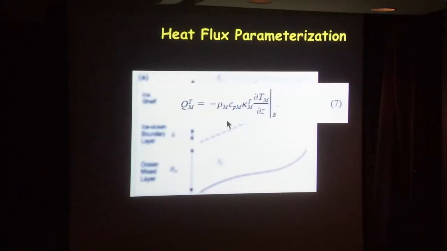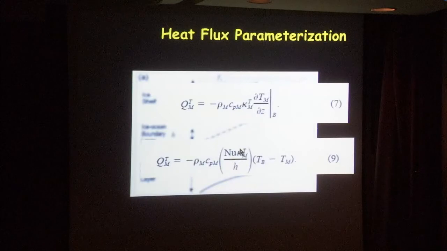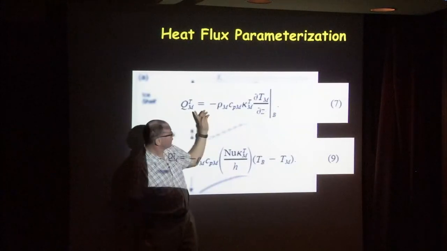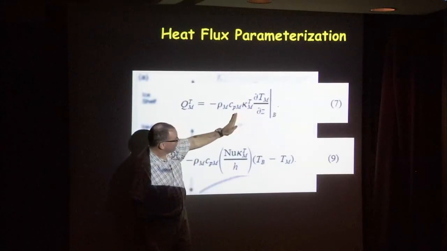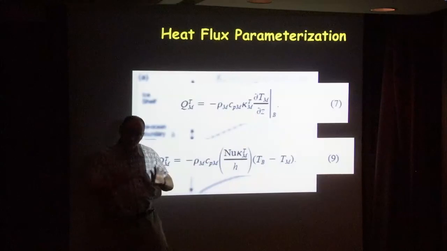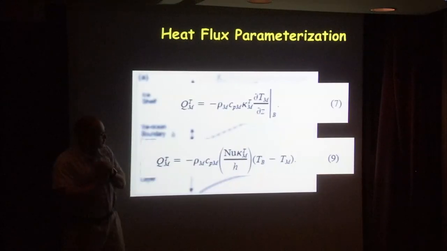So what people have done instead is, instead of getting this gradient, dT/dz, right at that boundary layer in that last 5 millimeters, okay, you get it? Heat flux, temperature gradient. It's that boundary temperature in the last 5 millimeters. They say, oh, that's maybe a little too difficult. We'll try to parameterize.